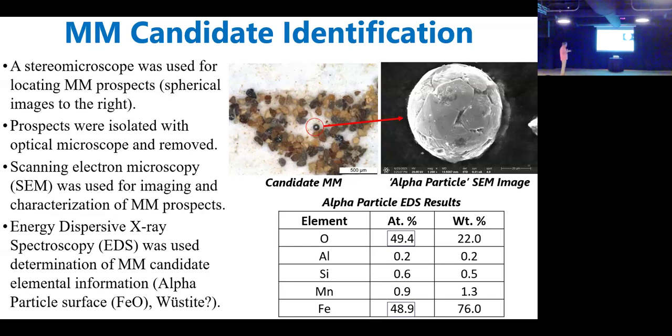We see it's about 50 atomic percent iron, about 50 atomic percent oxygen, which could be what's called wüstite, and wüstite doesn't generally occur in these sorts of deposits. It's an odd duck, which gave us hope that maybe it's a micrometeorite.